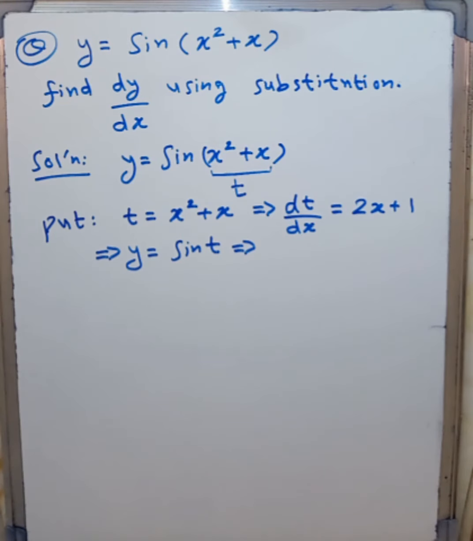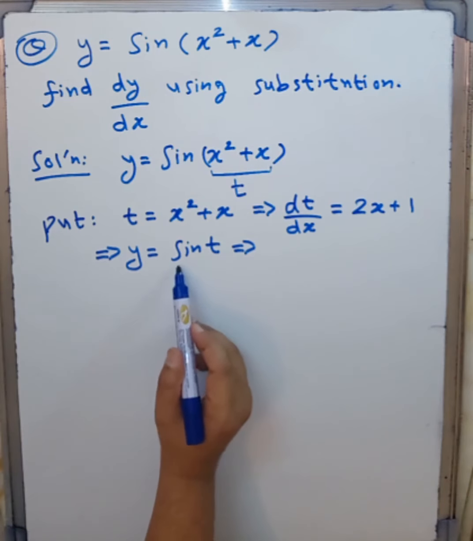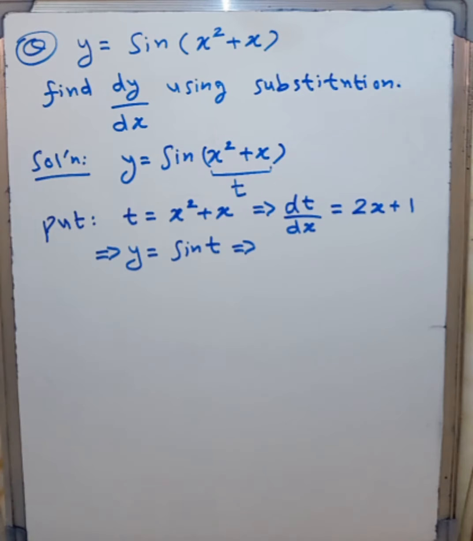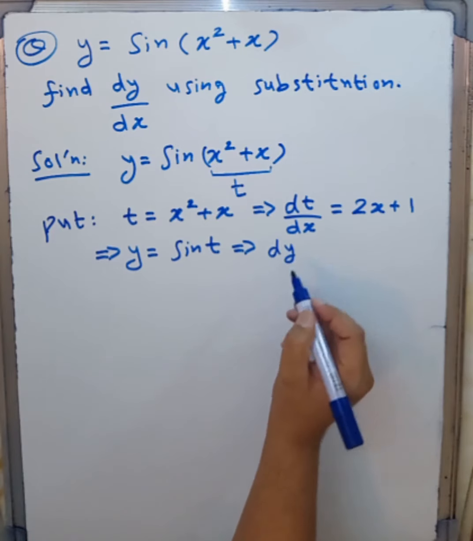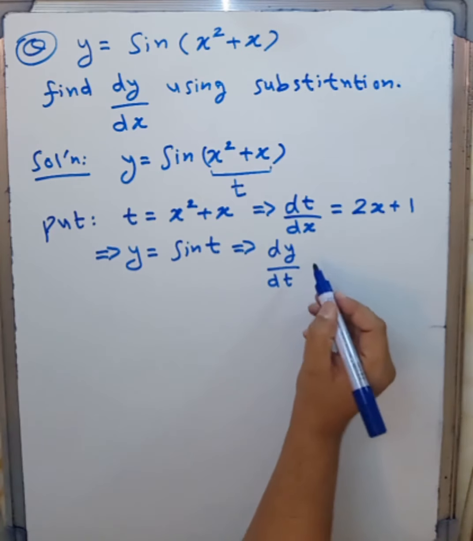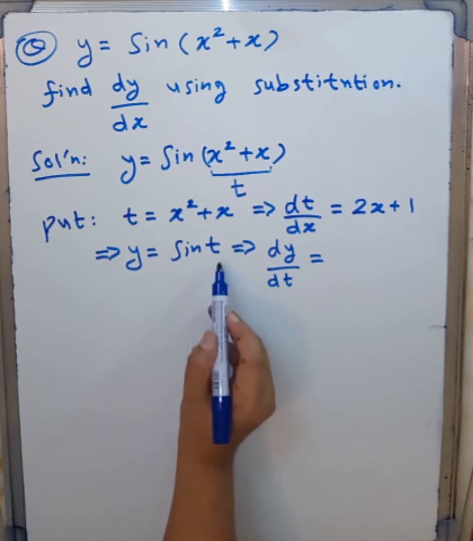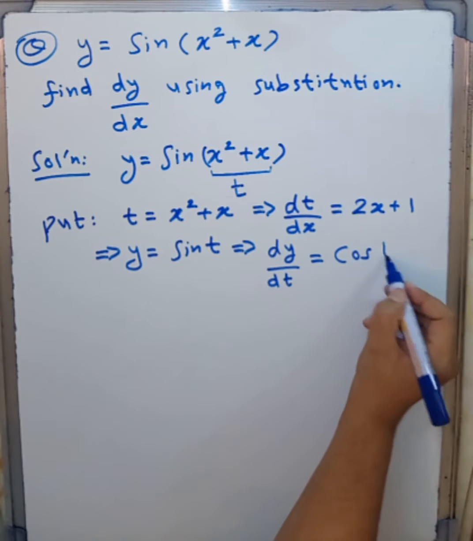Same way, y is a function of t. y is equal to sine t. Because y is a function of t, we can differentiate y with respect to the variable t. Therefore, dy by dt will be equal to, we know that derivative of sine t is cosine t.